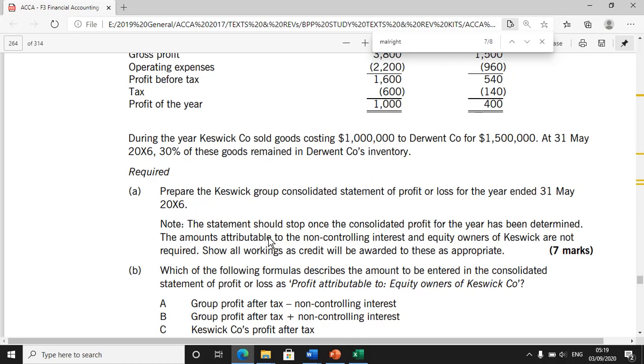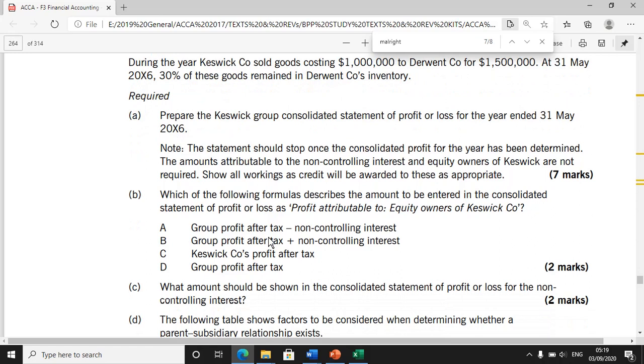So let us progress now to B. B says, which of the following formulas describes the amount to be entered in the consolidated statements, profit or loss, SPL, attributable to the owners? So group profit after tax minus non-controlling interest. I think that's what we did when we were finding the balancing figure for parent.